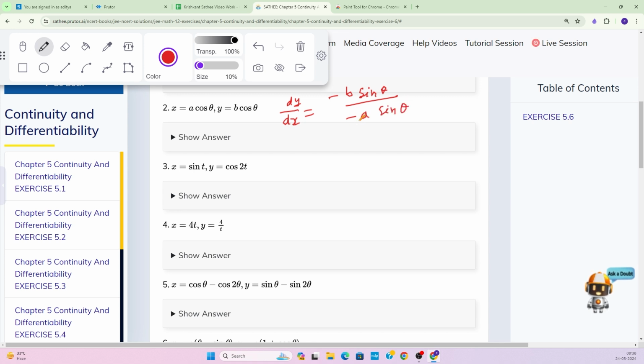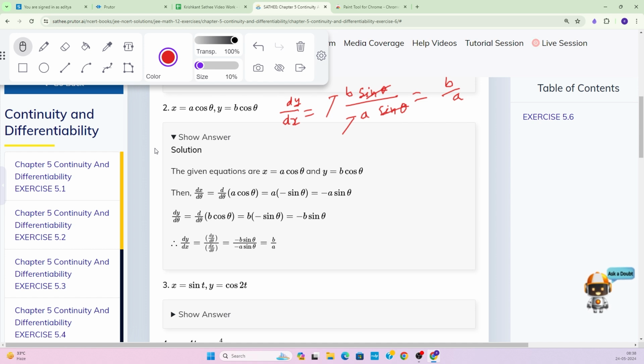The minus signs will be cancelled, and sine theta and sine theta will be cancelled. You are only left with b by a. So your answer will be b by a. I hope that it is clear to you.